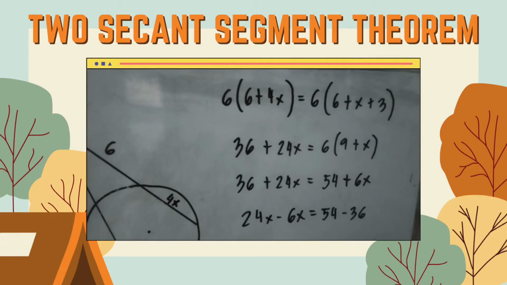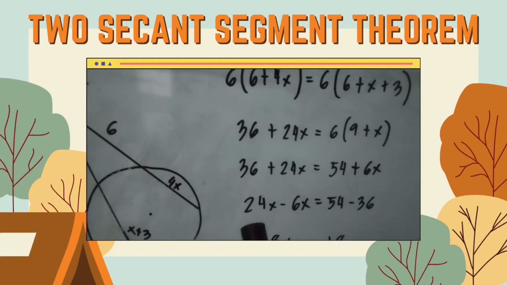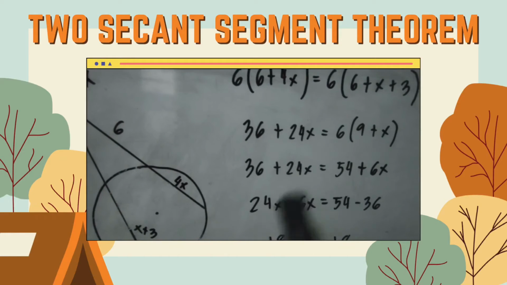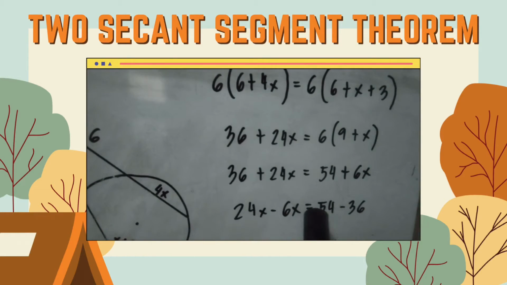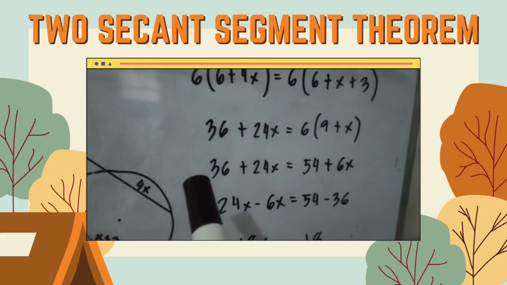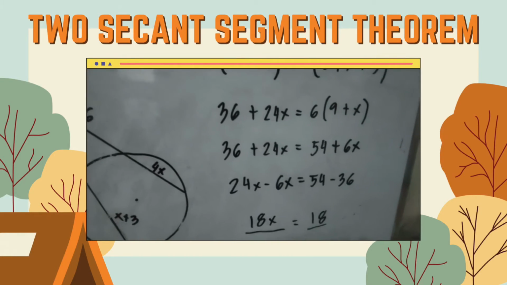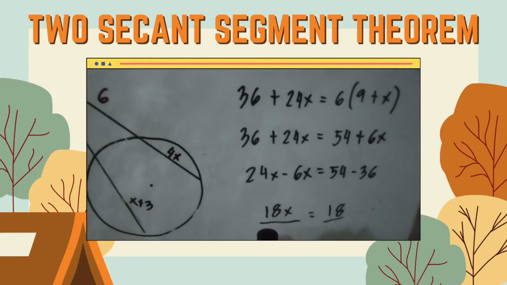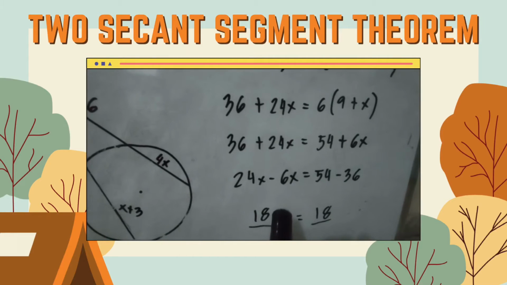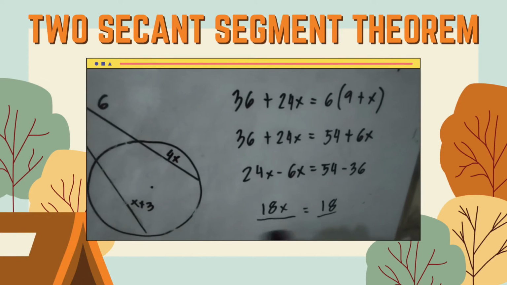To solve for x, we need to transpose. That is 24x minus 6x is equal to 54 minus 36. So 24x minus 6x gives us 18x, is equal to 54 minus 36, that is 18.